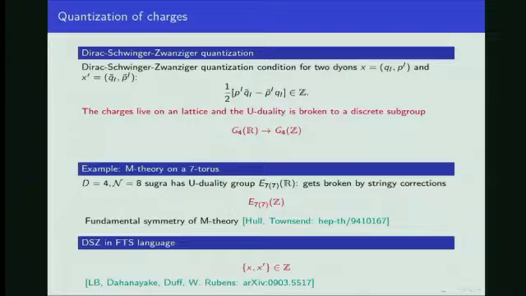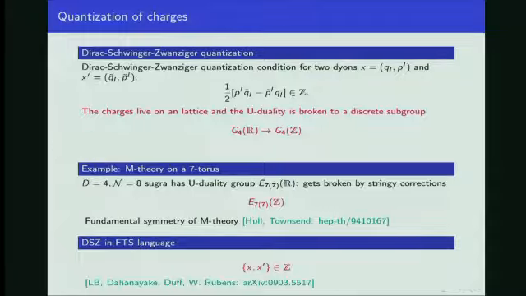So the group we're looking at is E7(7) over the integers. And in the FTS language, it's just telling you that the quadratic form of a black hole and another black hole has to be an integer.